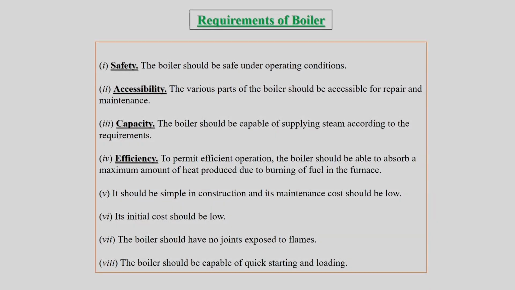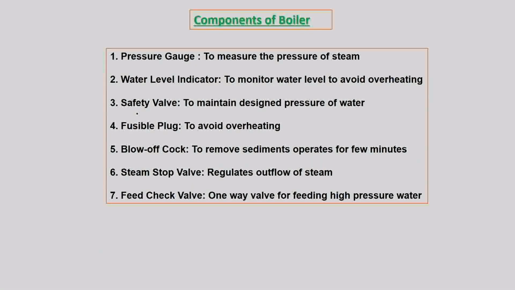Construction of the boiler should be simple such that it involves lower cost, its initial cost should be low, and then boiler should have no joints which should be exposed to the flames. Boiler should be capable to quickly start and loading. So these are some requirements from the boiler.